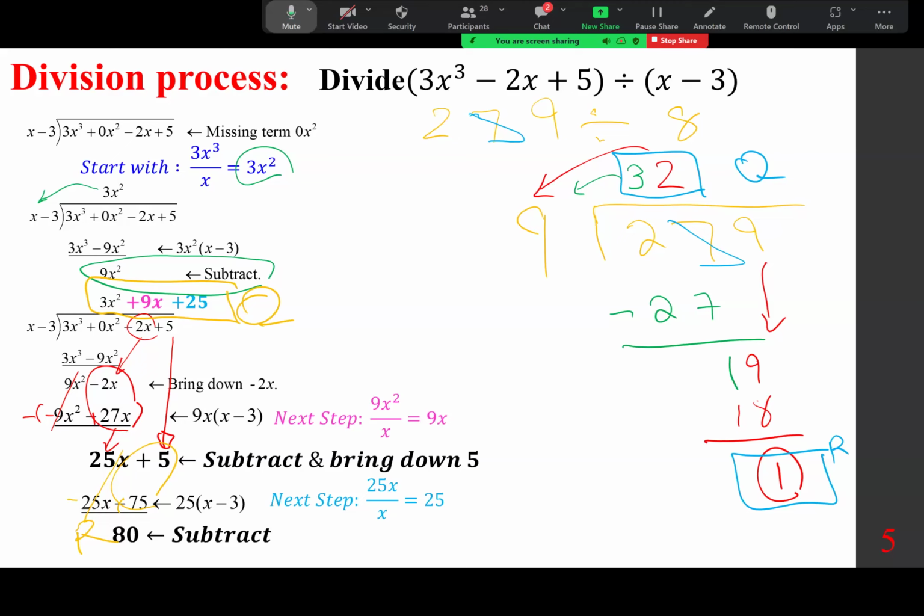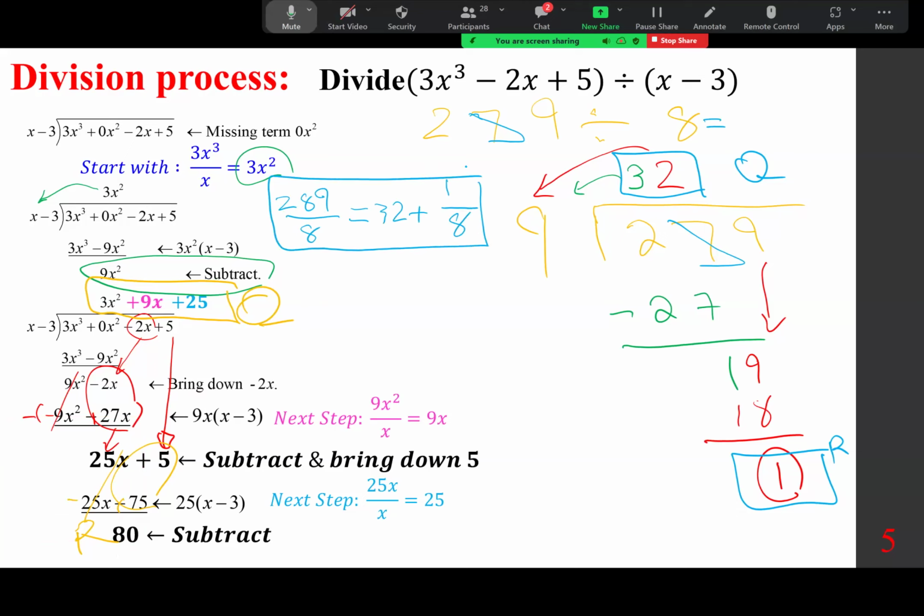Now I want to look at the number. Going back to the number, I can say the answer. So if I divide 289 by 8, I can say the answer is the quotient plus the remainder over the divisor.